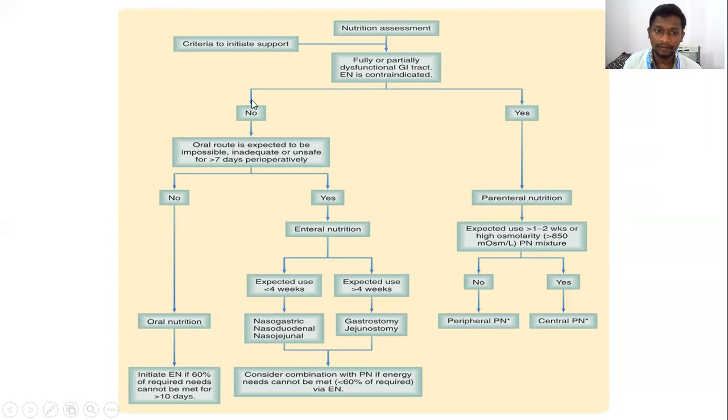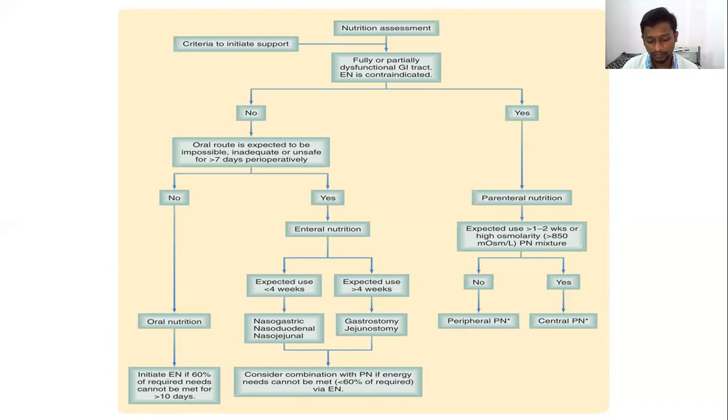If it is not contraindicated, you can use the oral or enteral route. There will be a detailed class on nutrition therapy and the different routes, nasogastric, nasojejunal, gastrostomies and jejunostomies, which will be discussed in another class.